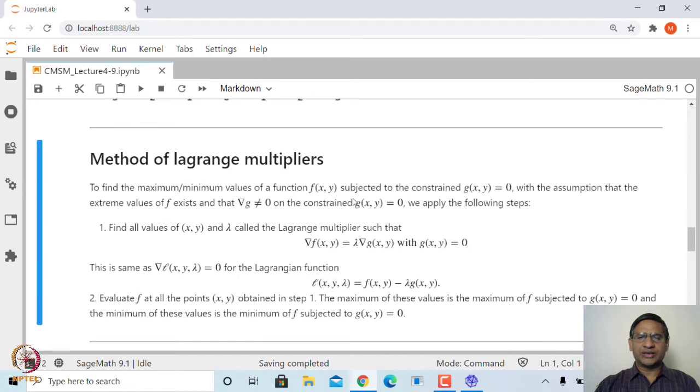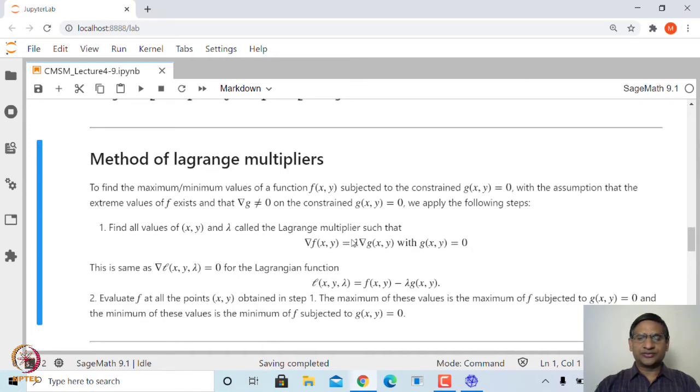So, in case a point (x, y) on this regular curve is a point of minimum or maximum, then we can find a lambda, a real number, which is known as Lagrange multiplier, such that gradient of f(x, y) is equal to lambda times gradient of g at (x, y), and of course, that point is on g(x, y) equal to 0.